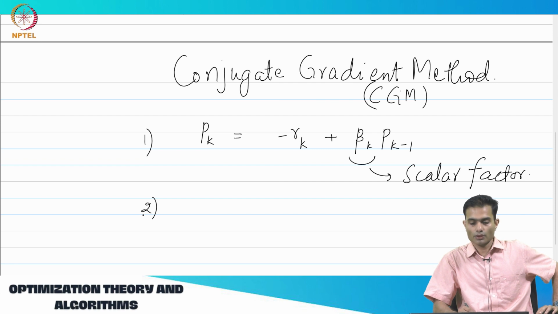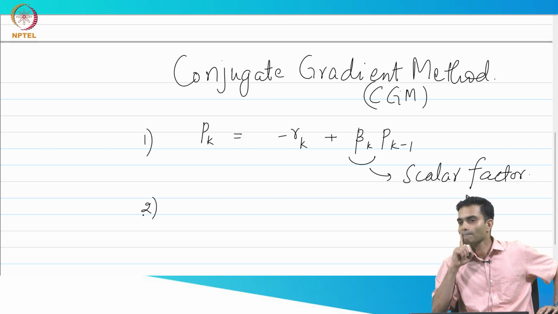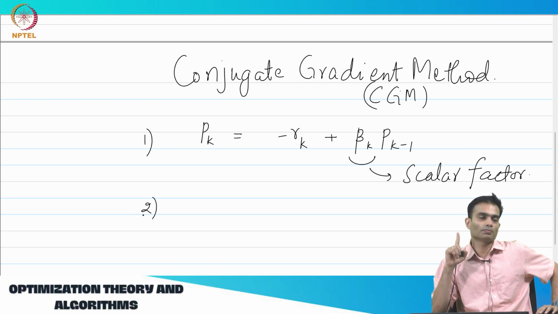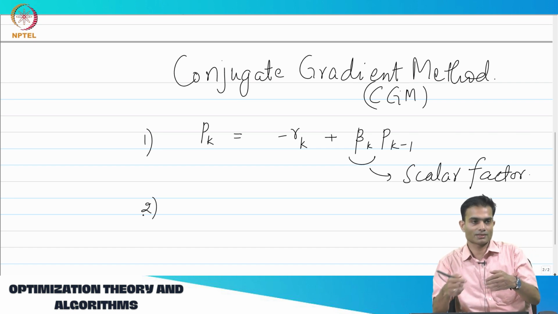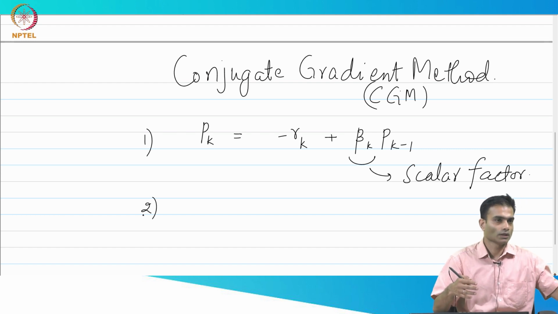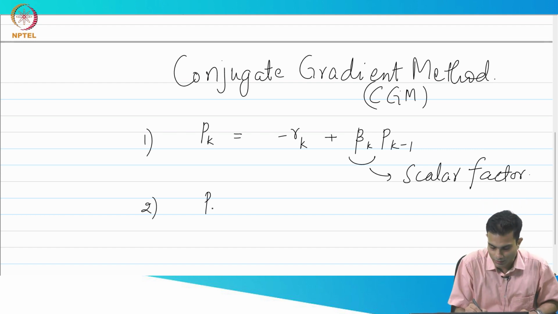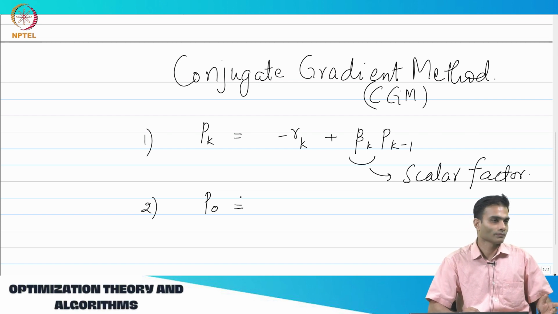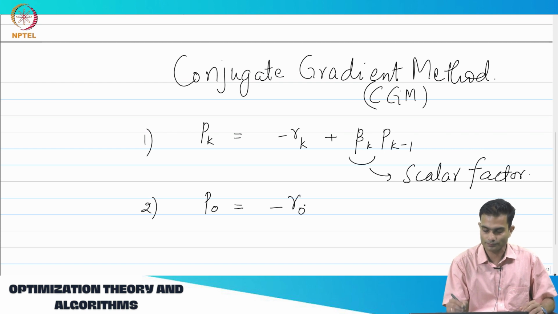The second is, what do I need to know to start this algorithm then? I need one p0, right? Now if I want to pick one p0, it seems like the recipe is get first p0 and then the next one will be p1. So in the absence of anything else, p0 is chosen in a somewhat obvious way, which is minus r0.